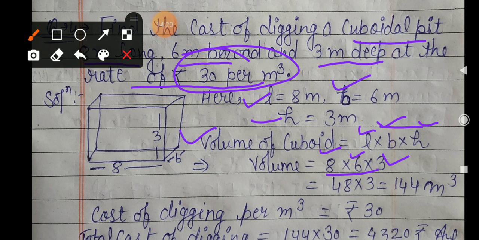Okay, so now you use the cost of digging per meter cube, 30 rupees, and the total volume is this. You have to multiply this total volume with the cost, and then you find the total amount for digging that volume.